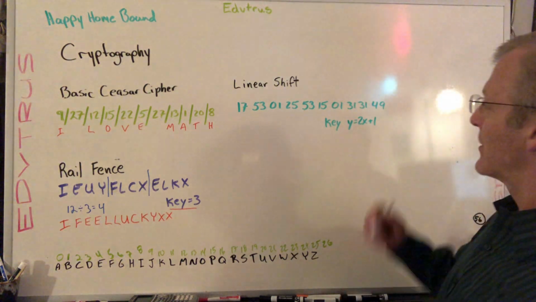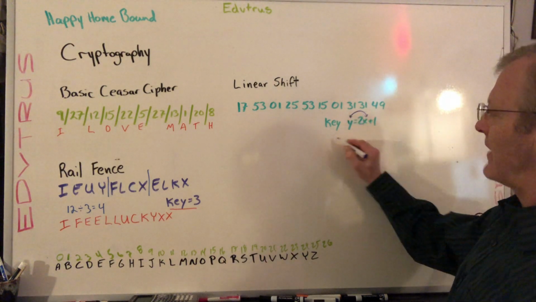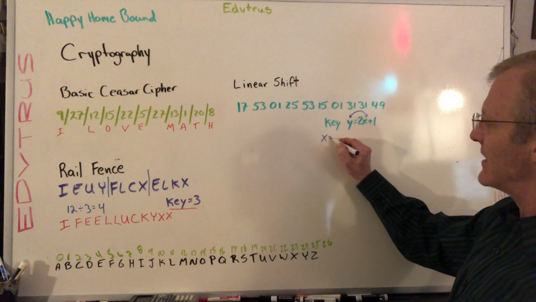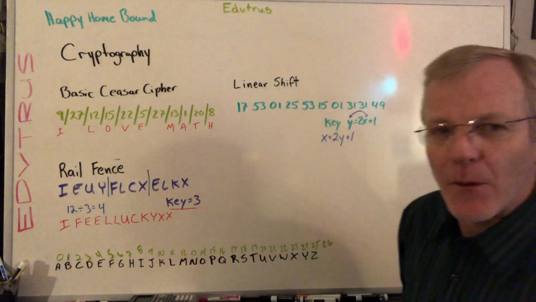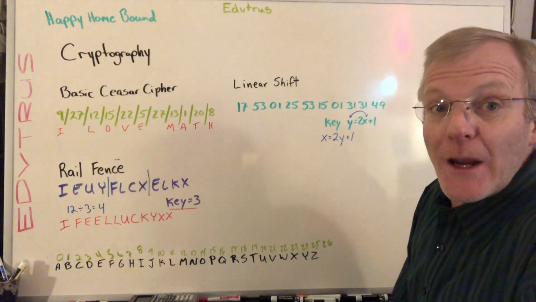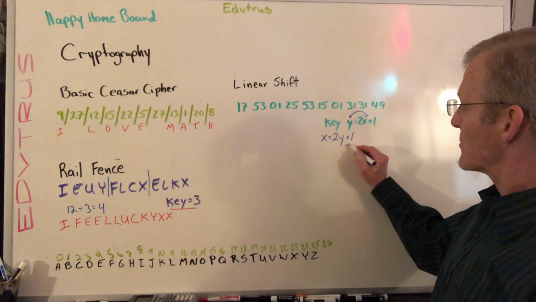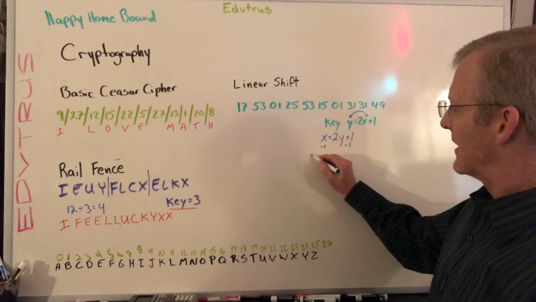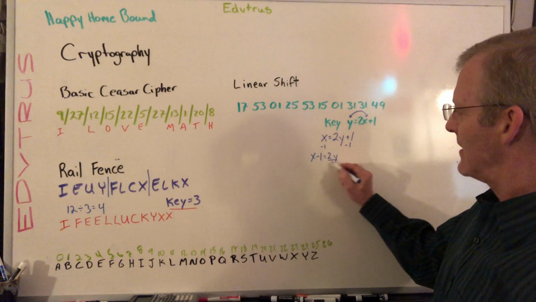So remembering how we do an inverse, we switch the x value and the y value. So we're now going to have x equals 2y plus 1. Now we're going to solve to get y by itself so that we can see what the new equation is to go backwards, to undo this. So we're going to subtract 1 from both sides and get x minus 1 equals 2y.